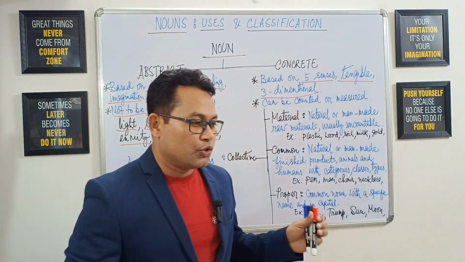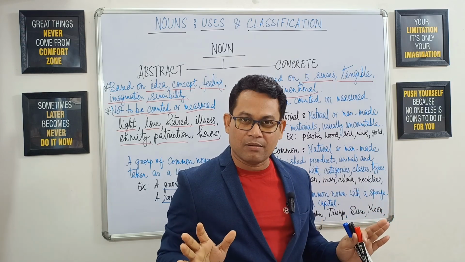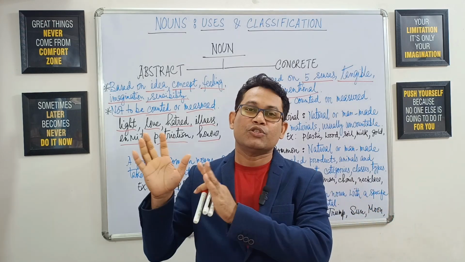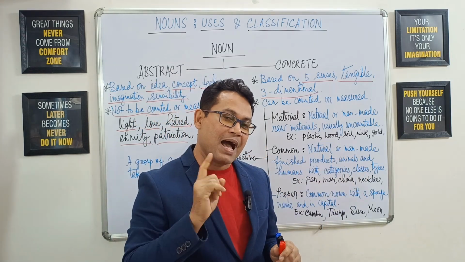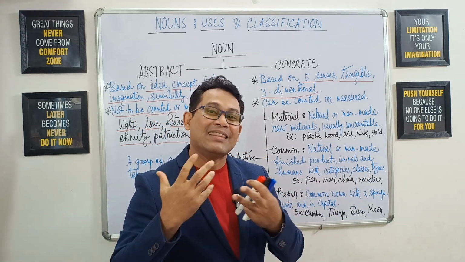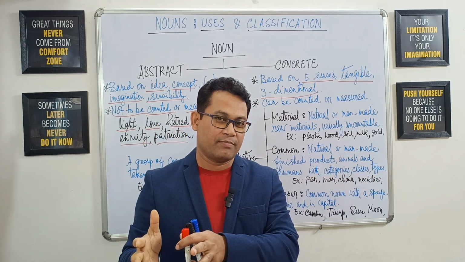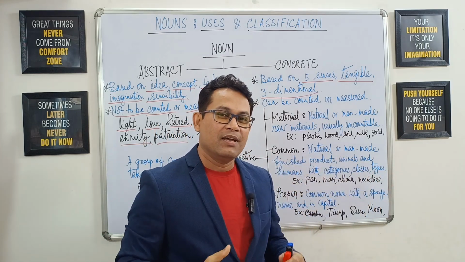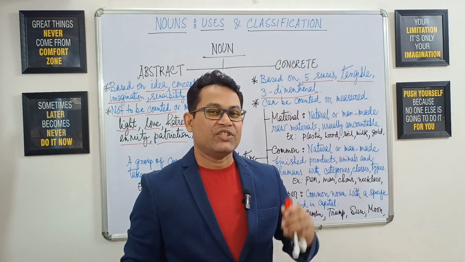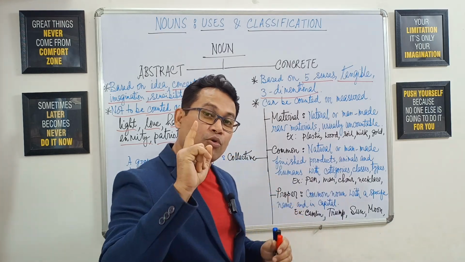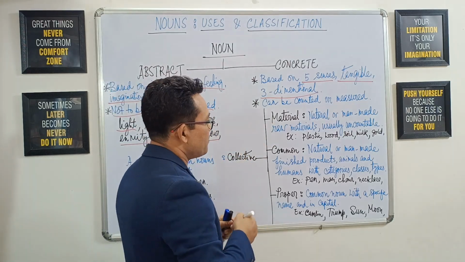Let me explain. There are things in nature which are not man-made, and there are also things which are man-made. But if those materials are in the form of raw materials that are used to manufacture ready-made goods by nature or by human beings, then those raw materials will be called material nouns.